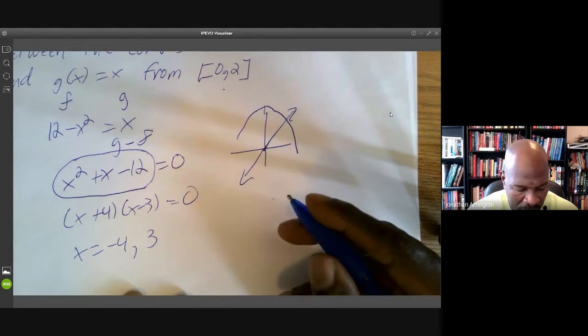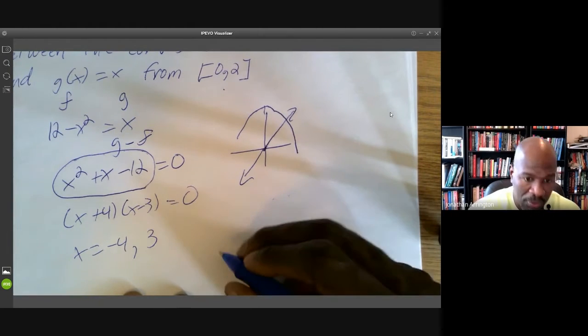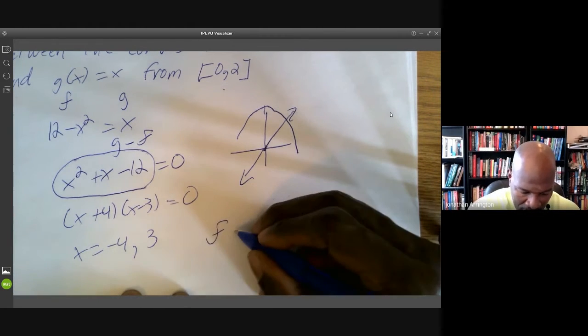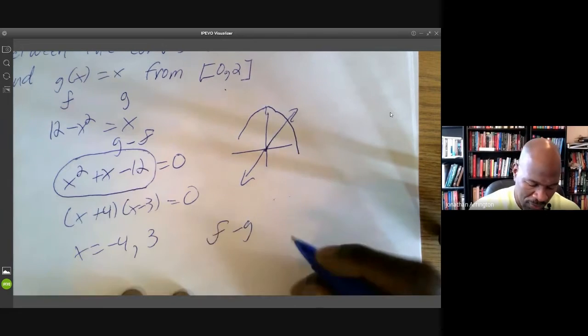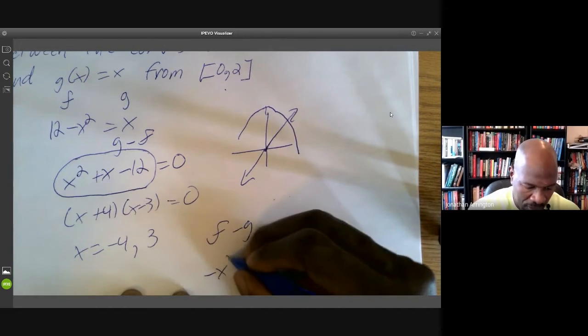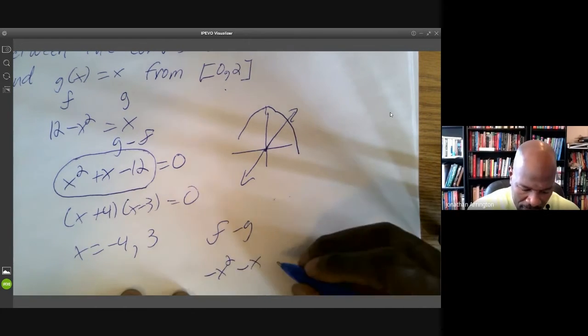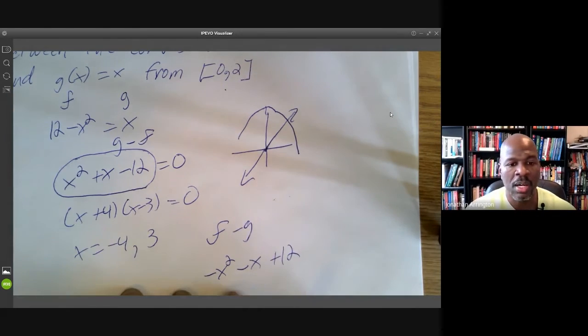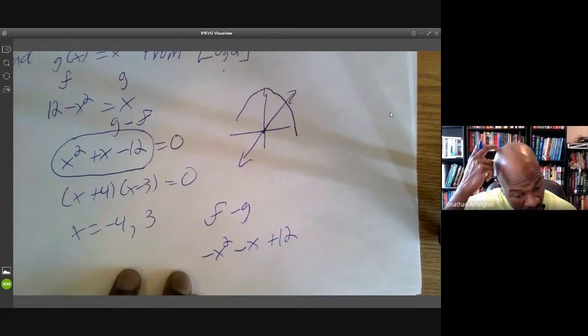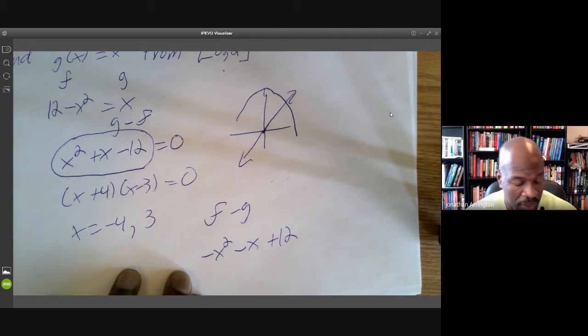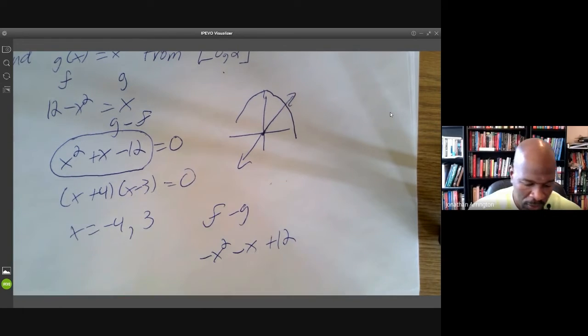If I want to do it properly, f minus g, it's just going to be different signs. So it's just going to be -x squared minus x plus 12. That's properly what f minus g is. Again, when you subtract, it just changes the sign. The difference between 5 minus 2 and 2 minus 5 is a sign. All right, so let's go ahead and integrate and see what happens.